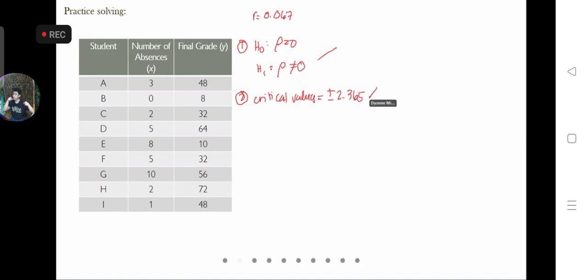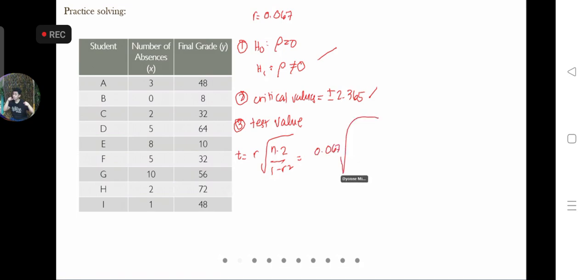We already have our hypothesis and our critical values. We will then solve for the test value. Again, the test value t equals r times the square root of n minus 2 over 1 minus r squared. Our r is 0.067. So t equals 0.067 times the square root of 9 minus 2, over 1 minus 0.067 squared.